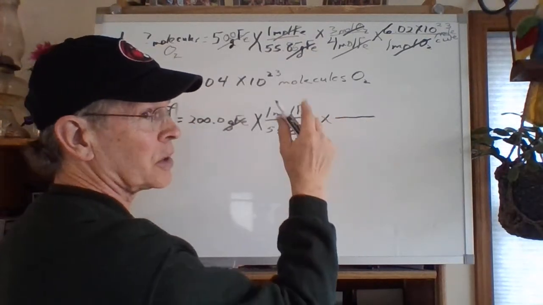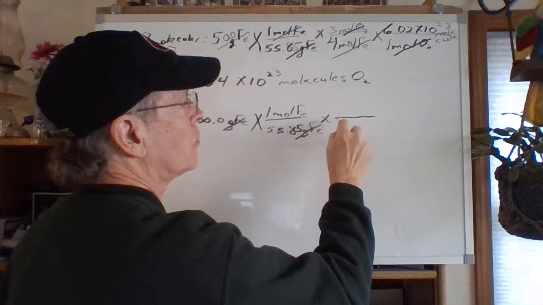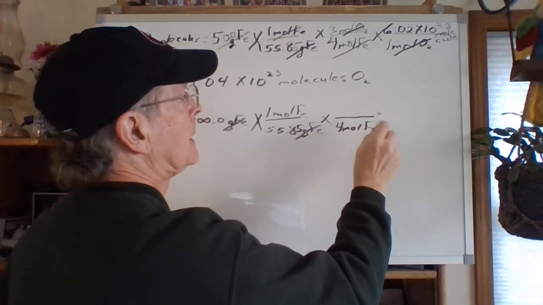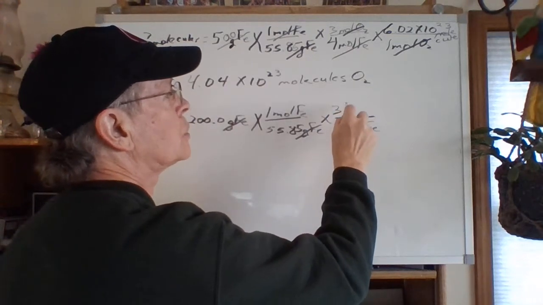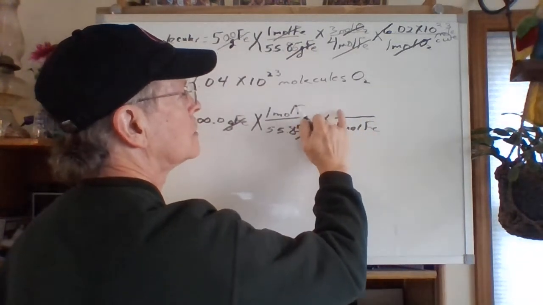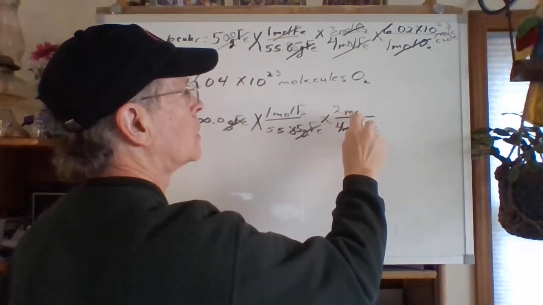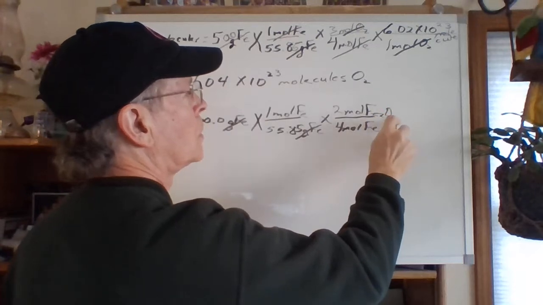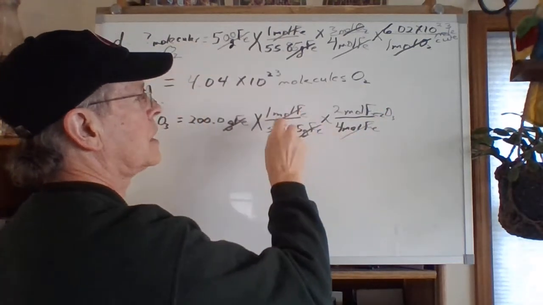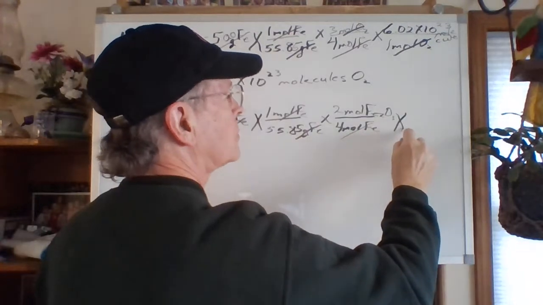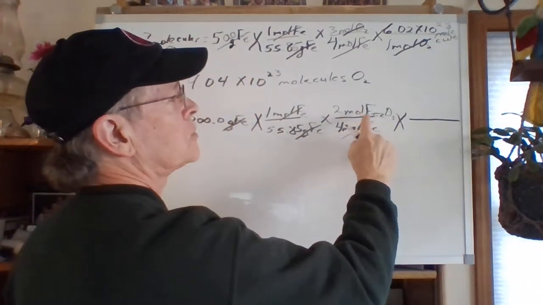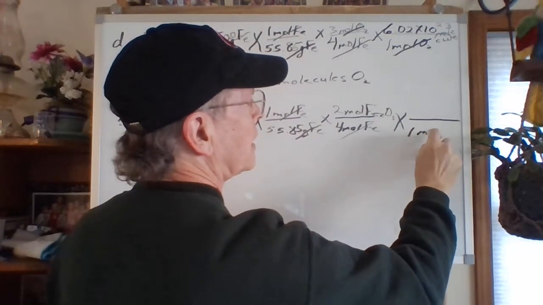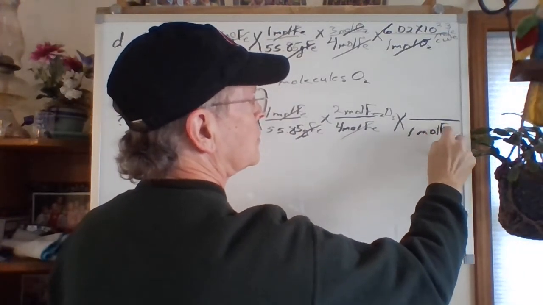Well, from the balanced equation up above, you saw that 4 moles of iron is needed to make 2 moles of iron oxide. That factored out that label. And the last step, we want moles of iron 3 oxide on the bottom, so it'll factor whatever's on the top.